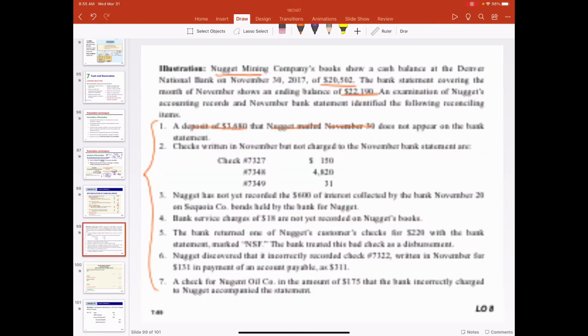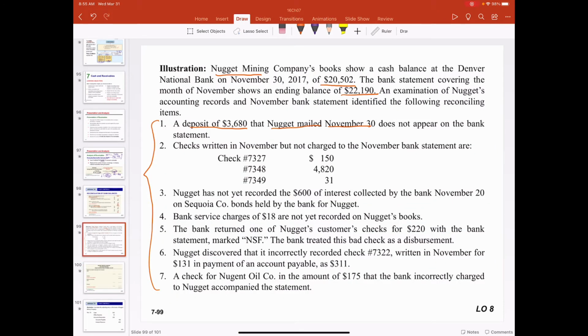This is one example. The next one is checks written in November but not charged to the November bank statement. These represent cash outflows, because they are checks written by Nugget Mining but not yet charged.